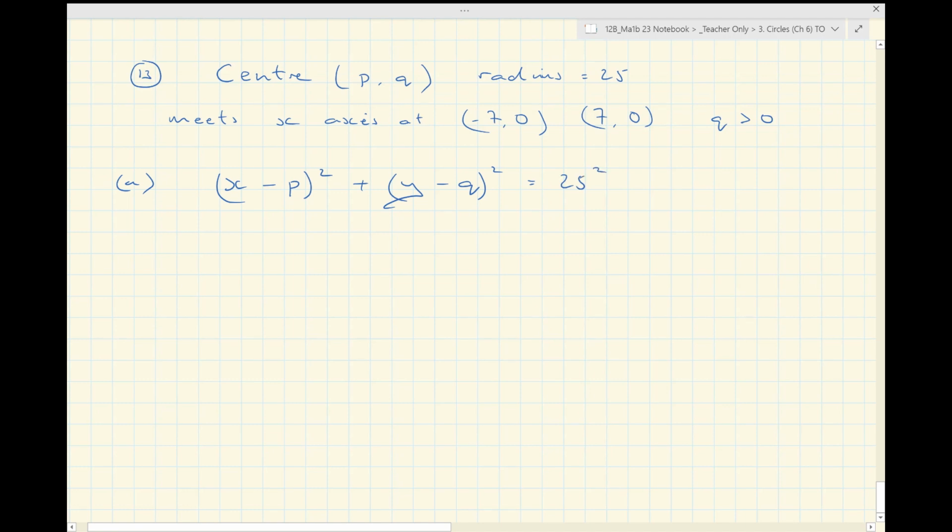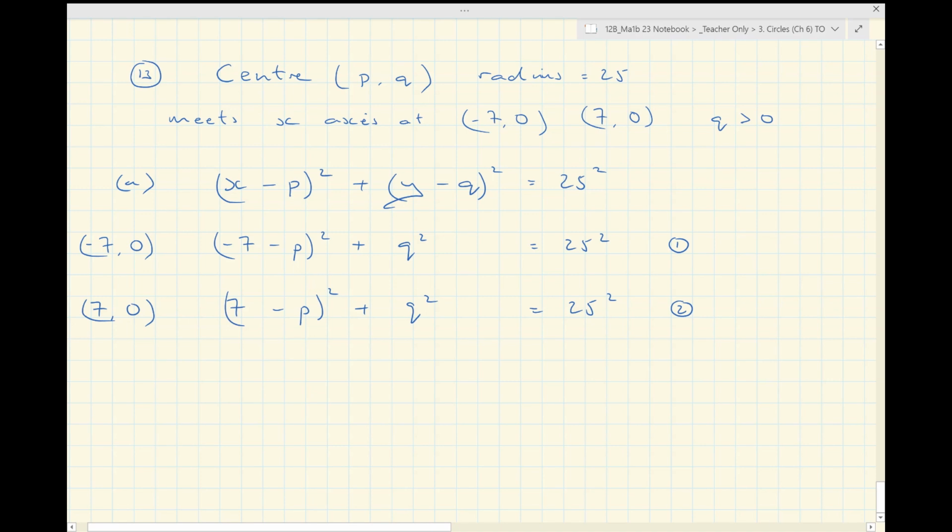Now, if I use my first point, minus 7, 0, then minus 7 minus p squared plus, putting in y as 0, I'm just left with q squared equals 25 squared. And if I use my second point, 7, 0, then 7 minus p squared plus q squared equals 25 squared. Good. So I've got two equations, equation 1 and equation 2, in p and q.